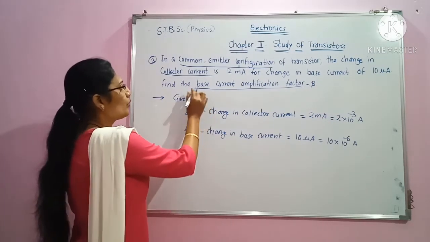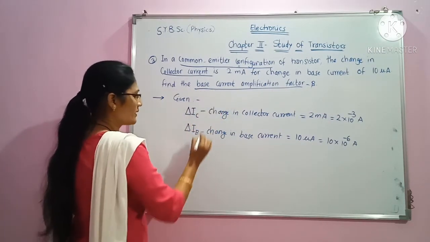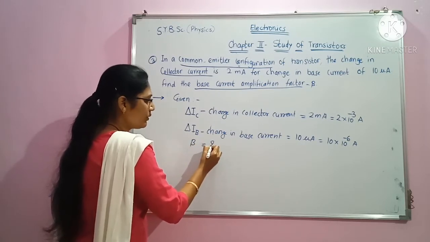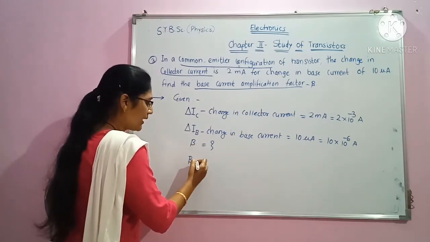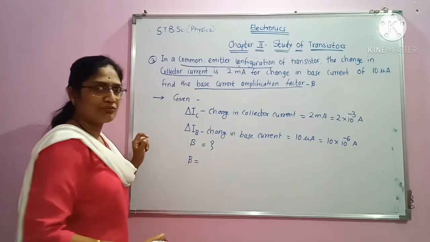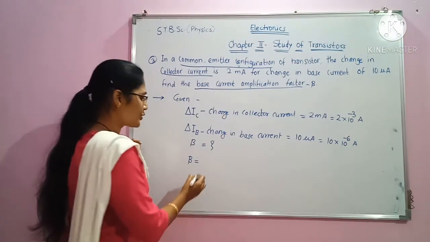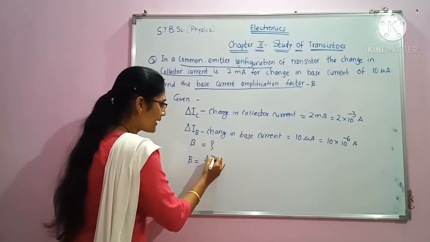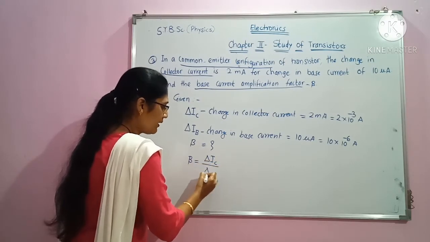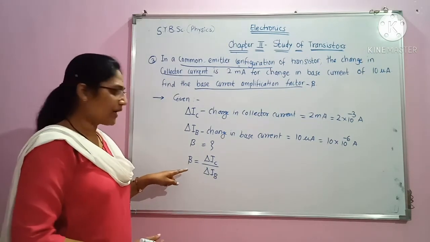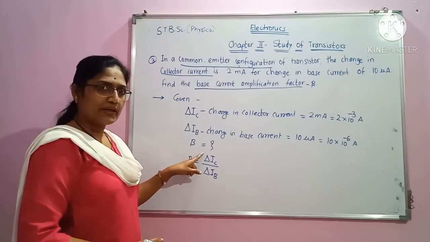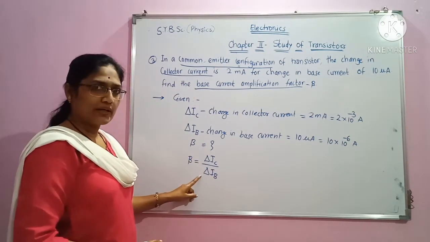So now we have to calculate beta. We know that the formula of beta, the current amplification factor, is the ratio of delta IC upon delta IB. Beta is equal to delta IC upon delta IB.